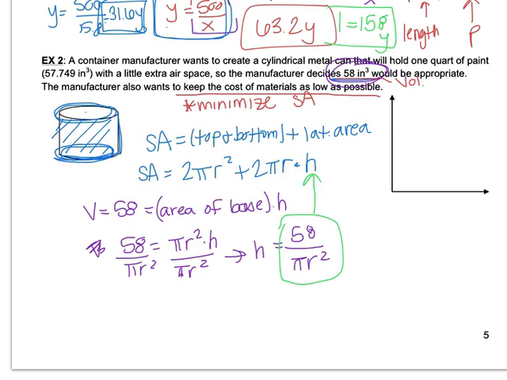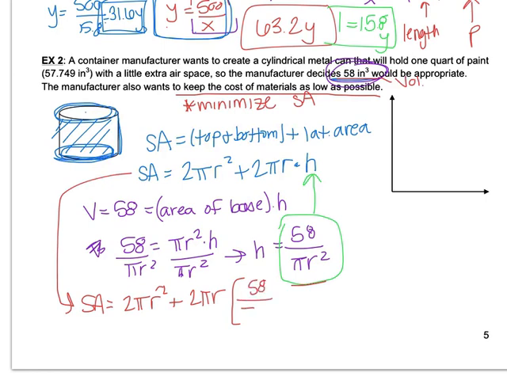So this is going to look a little crazy. I'm going to rewrite our surface area without using h. I'm going to use this instead. So it's 2 pi r squared plus 2 pi r times this whole thing, 58 divided by pi r squared.